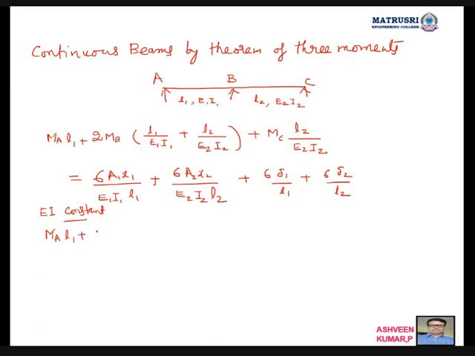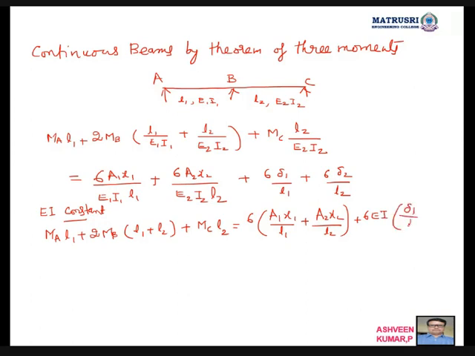MA L1 plus 2MB into L1 plus L2 plus MC L2 is equal to 6 into A1 X1 by L1 plus A2 X2 by L2 plus 6 EI will come here, EI is constant, then delta 1 by L1 plus delta 2 by L2.